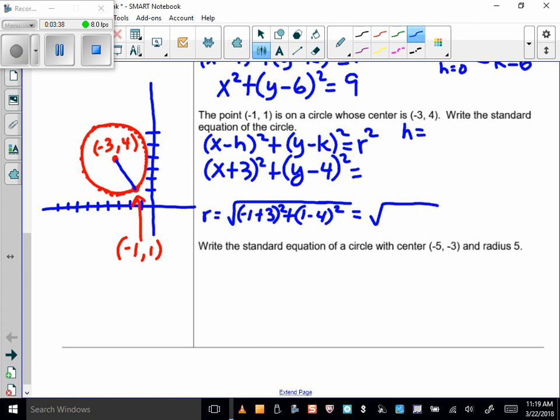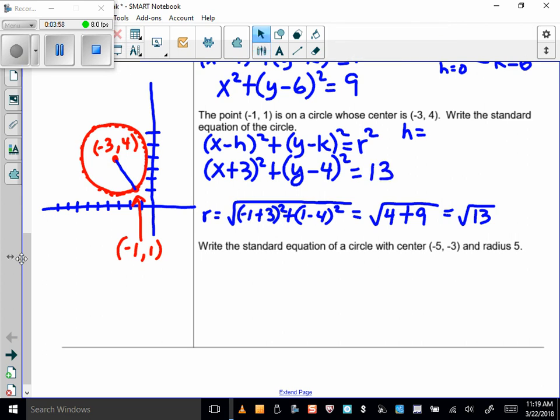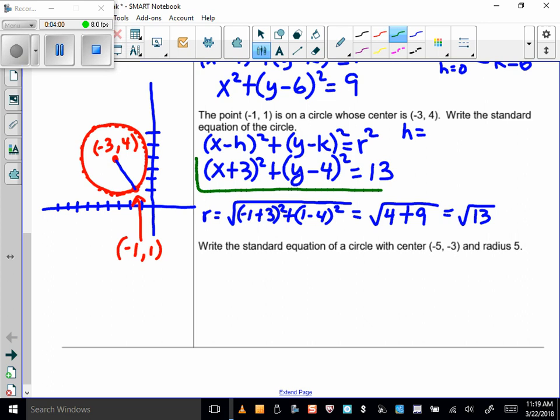So what's that going to be? Let's see, 3 minus 1 squared, so that would be 4, and 3 squared would be 9. So that's the square root of 13. r is the square root of 13, but I need r squared for my equation, right? So the square root of 13 squared would just be 13. So there's my equation, right there.